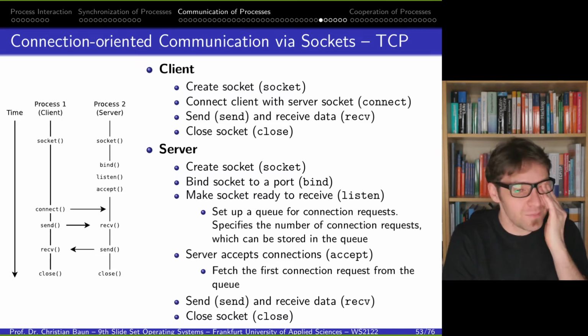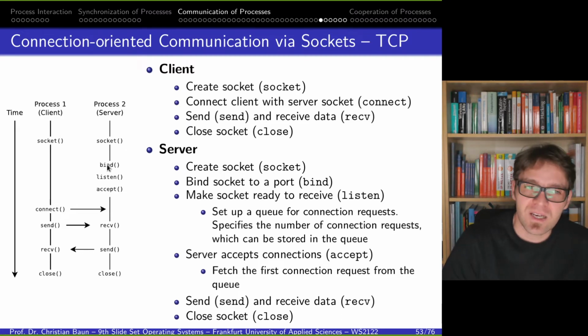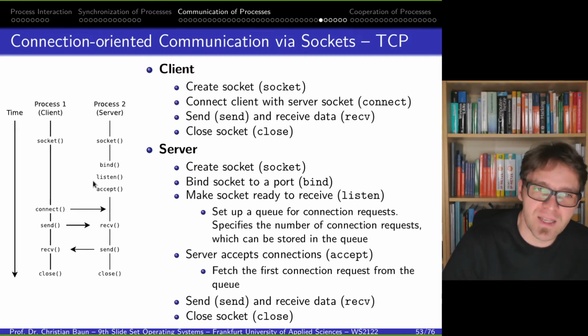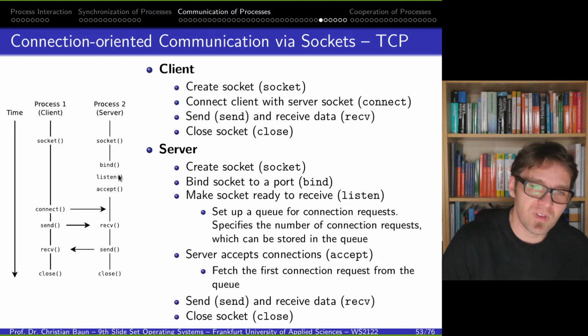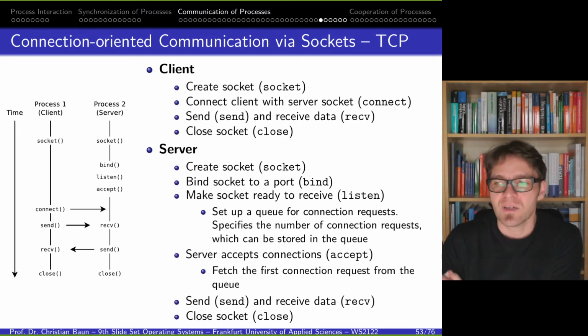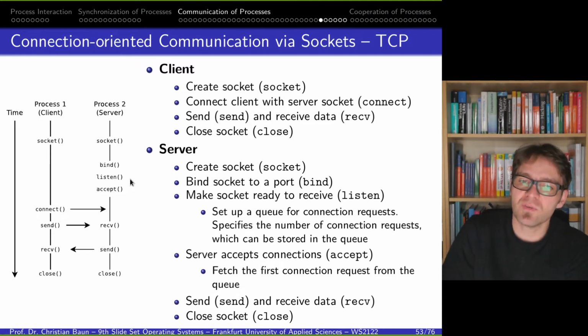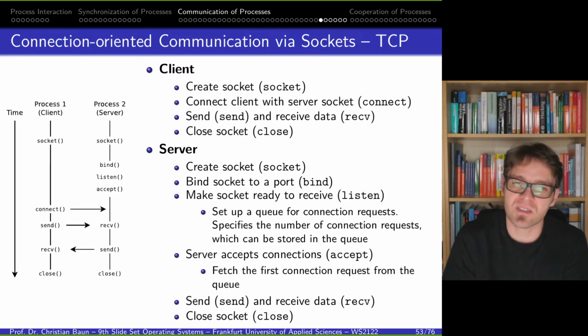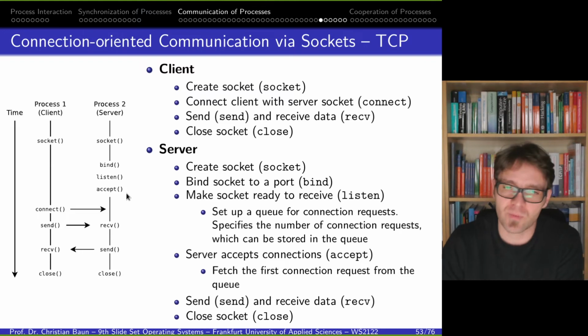So first, again, the processes create local sockets. One of them, the server, binds a port number to the socket, and this process also makes the socket ready for receiving by using the listen function. In detail, it means a waiting queue for connection requests is established, and the process also specifies the number of connection requests which can be accepted.